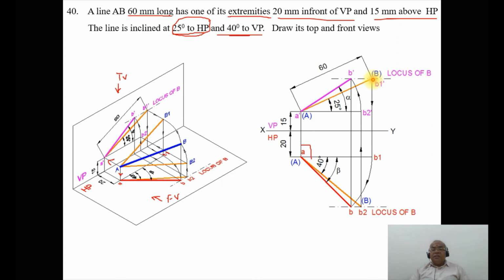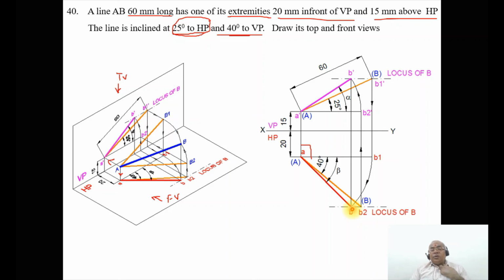So draw a vertical thin projector line from B1 dash such that it cuts the locus of A in the top view here. You mark this point as small b1, and again with A as center, taking the radius of AB1 using the compass, you draw an arc such that it cuts the locus of B here. Then you mark the point as B and join A to B with a dot line.